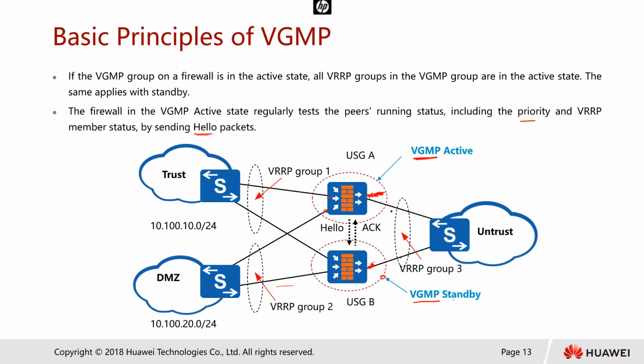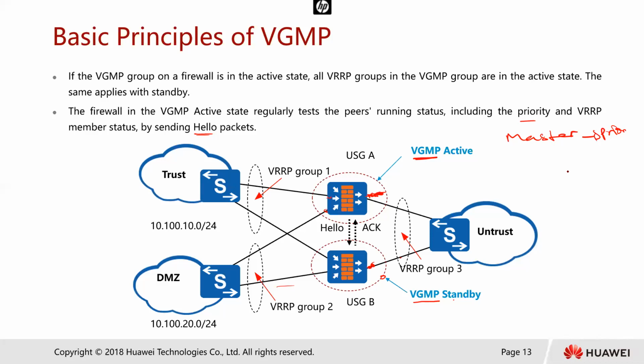That way, the firewall with the highest priority is chosen, because it has been more consistent. As long as this guy is on, he's the master. Why? Because his priority value is higher. He has not gone off in a very long time, and he has been on consistently for quite some time. So he is our master firewall.